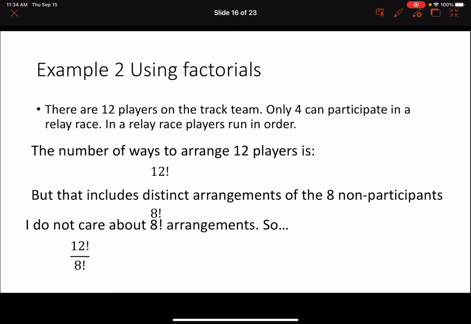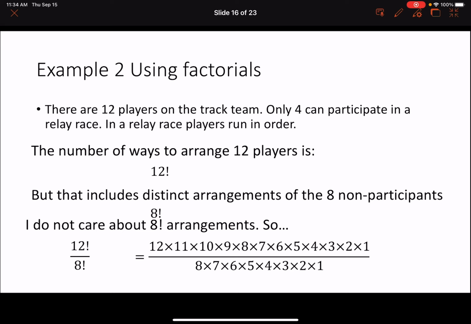So we divide, right? Because for every single one of them, I have 8 factorial ways that I don't care about. So we cross that out, and we end up with 12 times 11 times 10 times 9, which is 11,880.